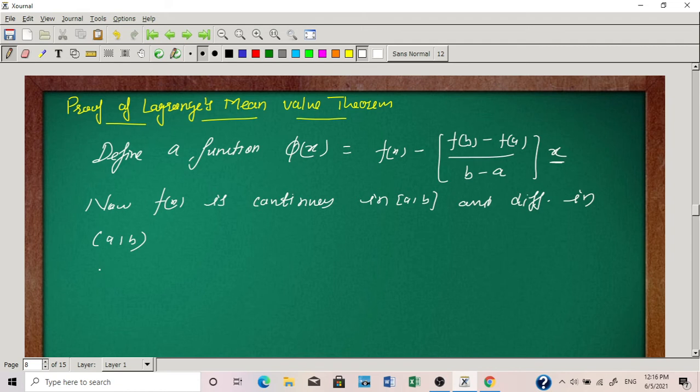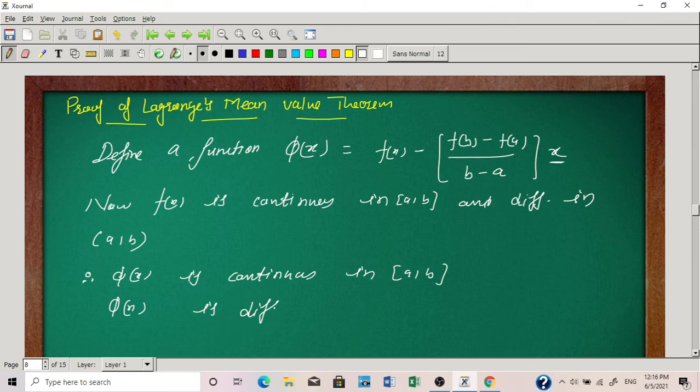Therefore phi(x) is continuous in the closed interval [a, b] and phi(x) is differentiable in the open interval (a, b).